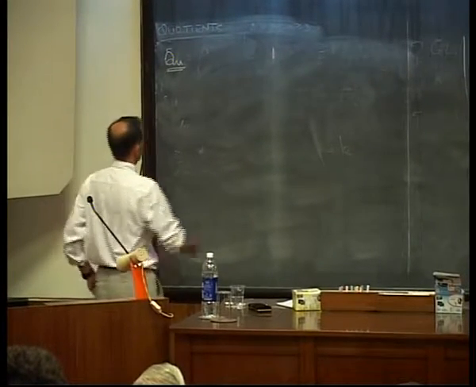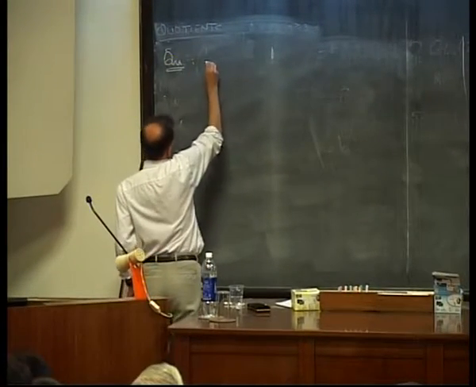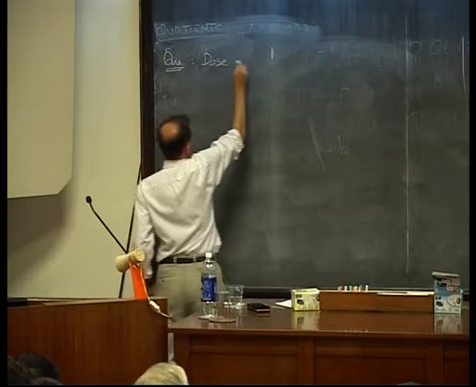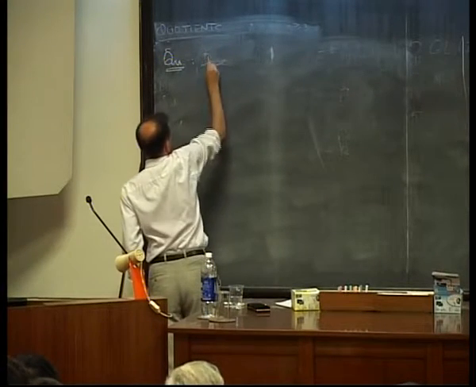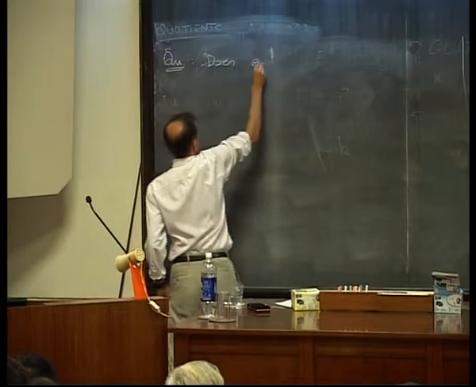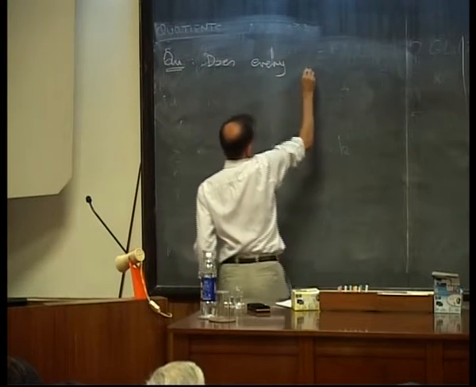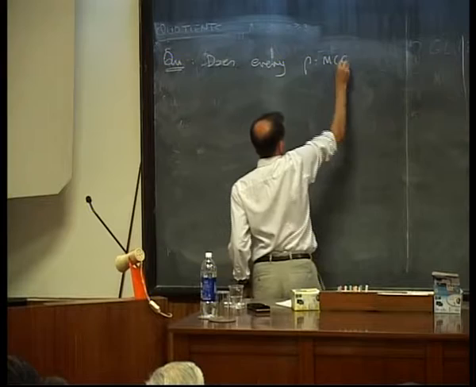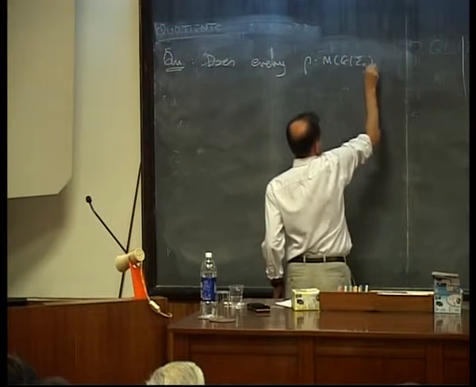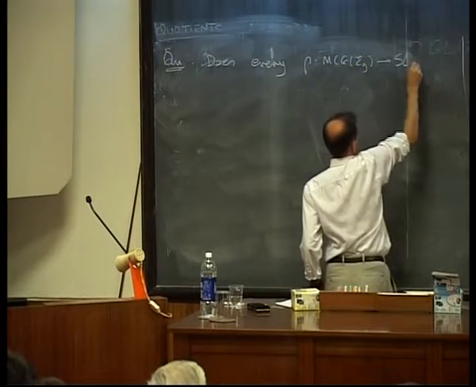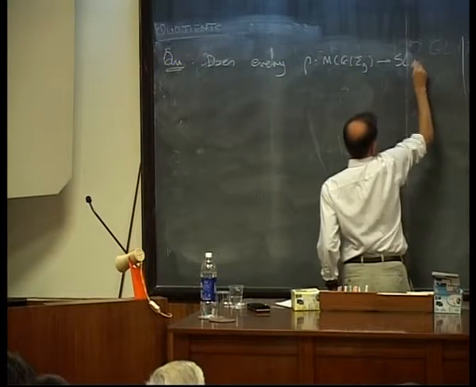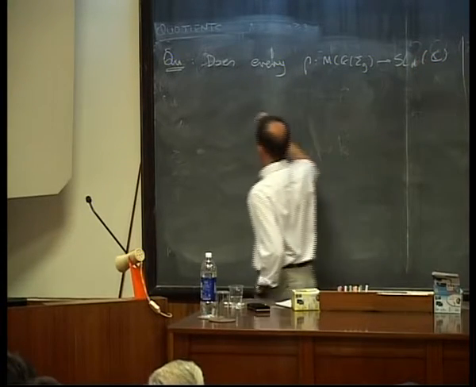But now, is it true? Does every representation of the mapping class group of the surface of genus G into, let's say, SL_D(C) have a finite image?